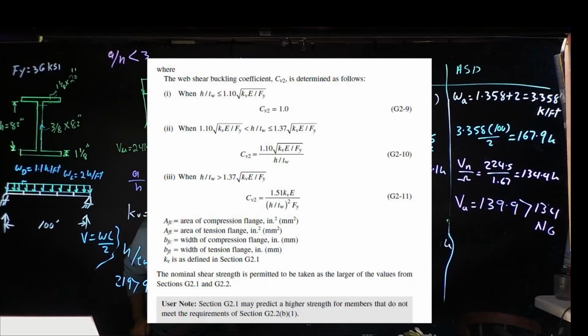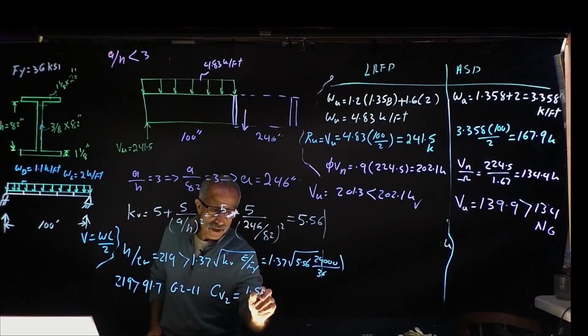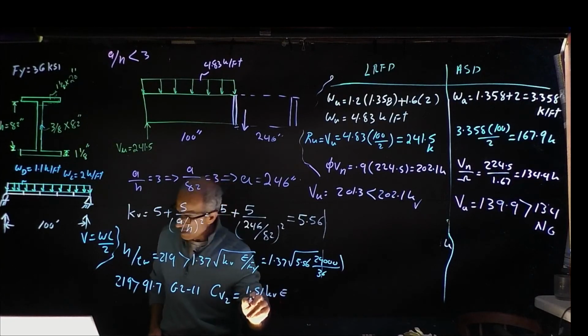CV2 comes out to 1.51 KV times E divided by H divided by TW squared times FY.